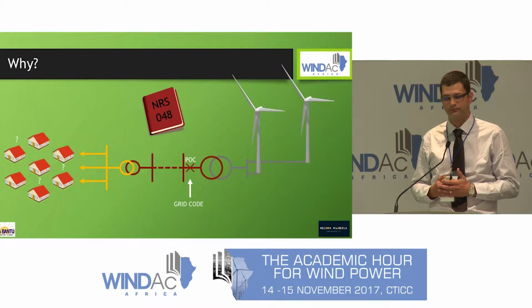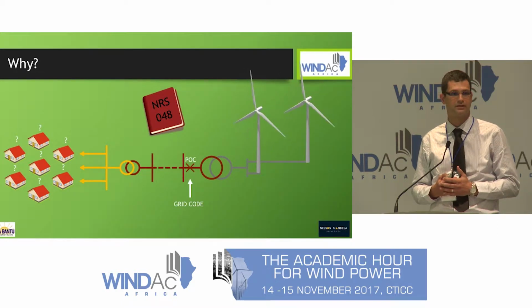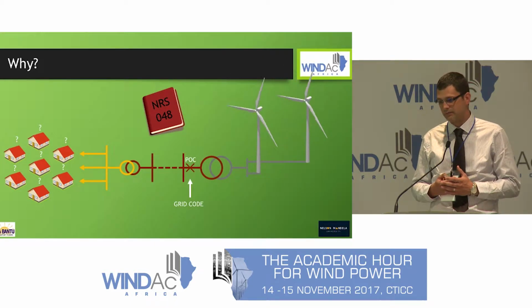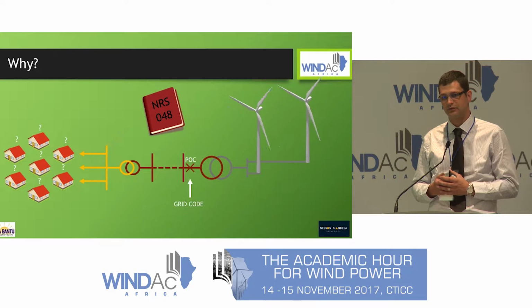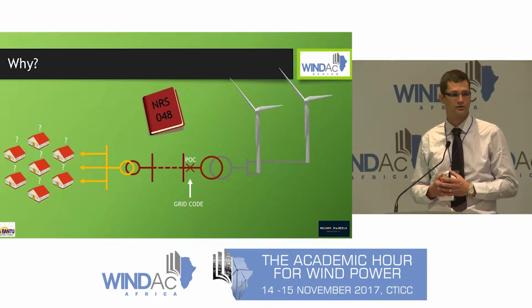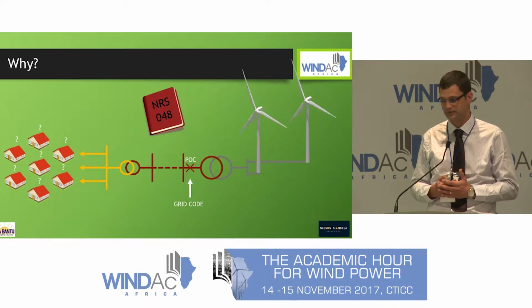From the wind farm's side, there's very little consideration of what the power quality is at the consumer. So the aim of this was, instead of looking at the point of connection, to look at what effect this wind farm has on the consumer, which is, in my opinion, one of the most important factors to look at.